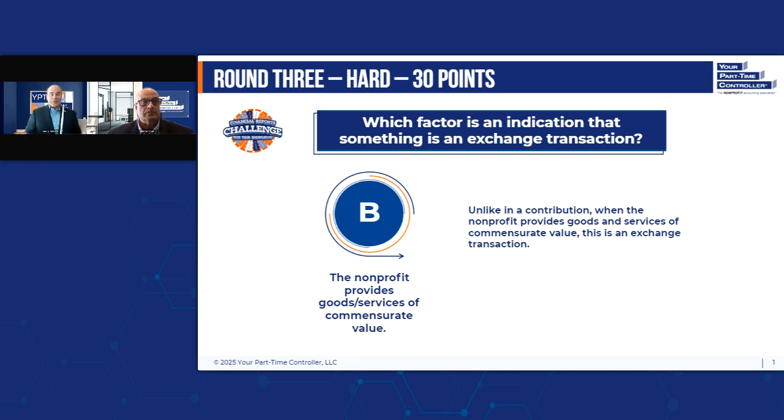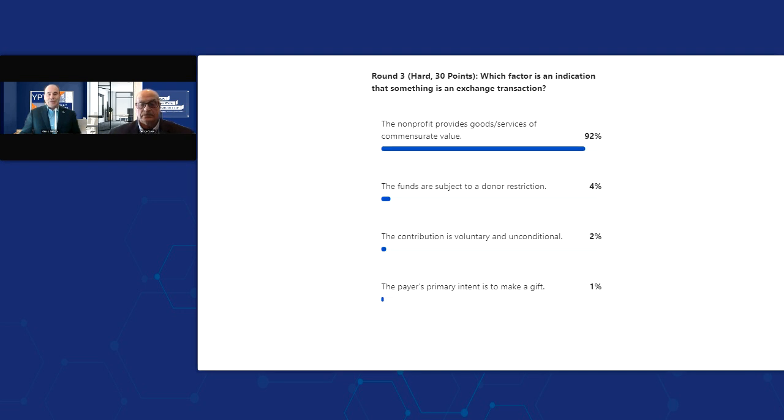But we could be doing something directly for the resource provider. That's probably going to be determined to be an exchange transaction. All right, 92.4% of us got that correct, so good job. Commensurate value, key terminology that we see to determine that we have an exchange transaction.